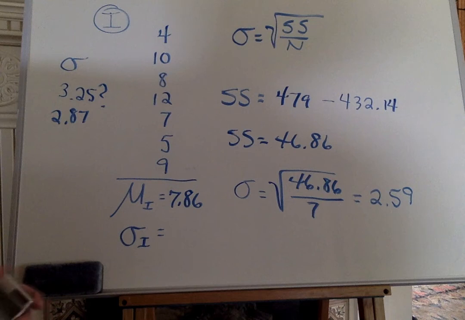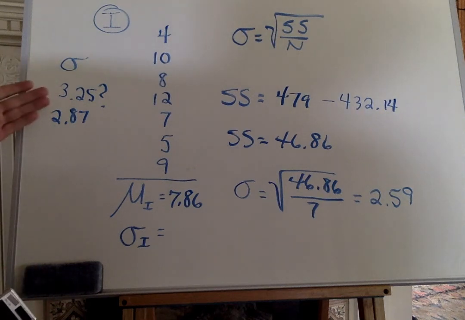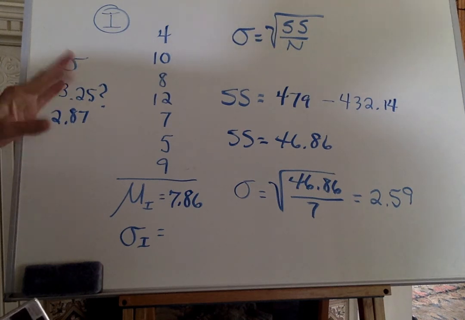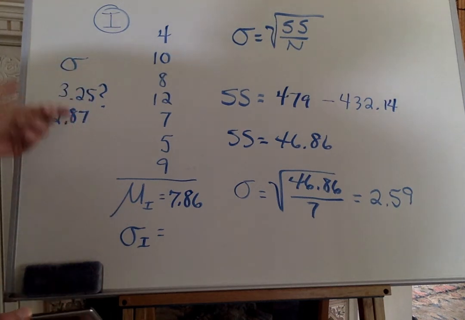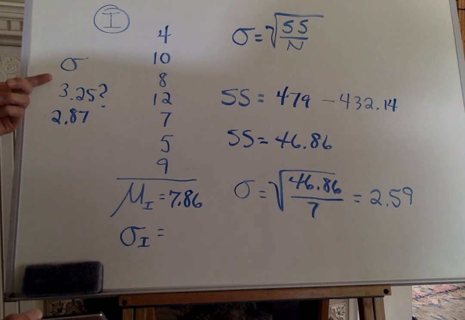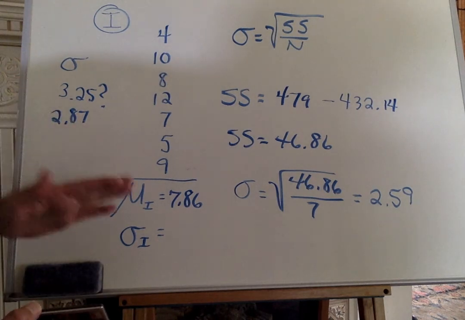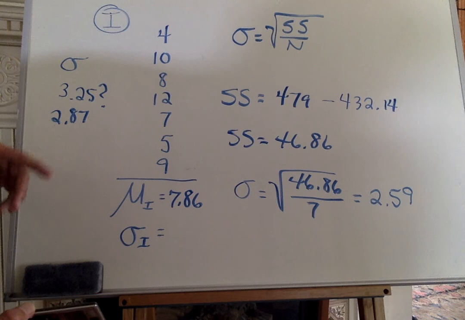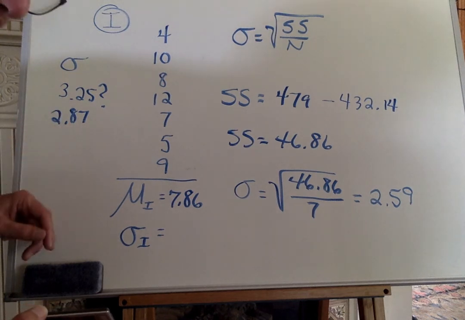2.59 is my standard deviation. Look at this. Pretty good guesses. I was a little bit higher than I should have been. That's okay. These are reasonable guesses. If I asked you to make a guess and you made these guesses, I'd be like, awesome. If you said 14, or 43, or 1, I would be like, not so awesome.